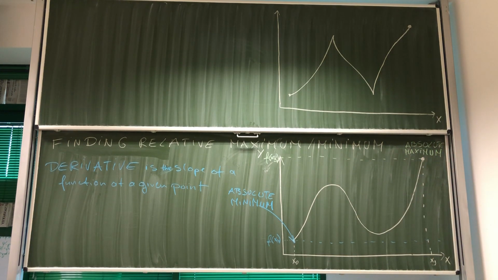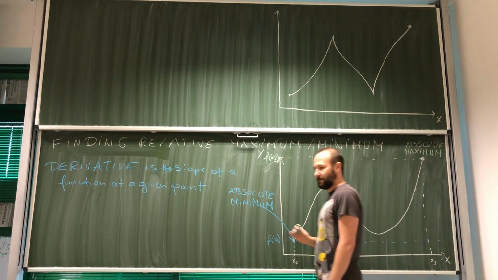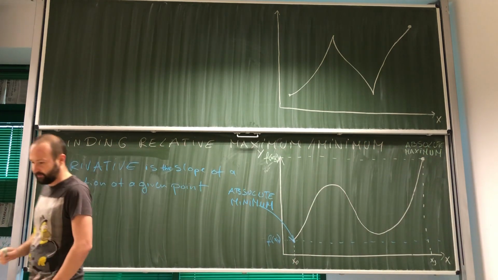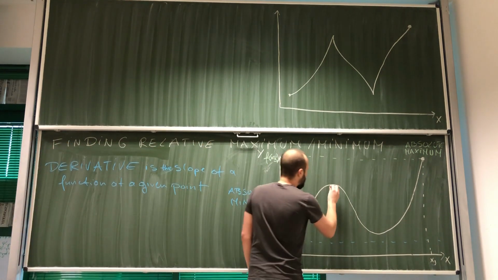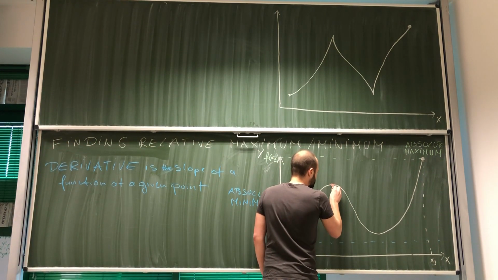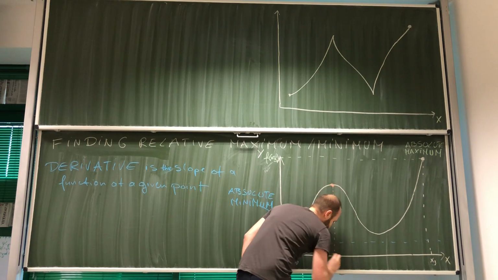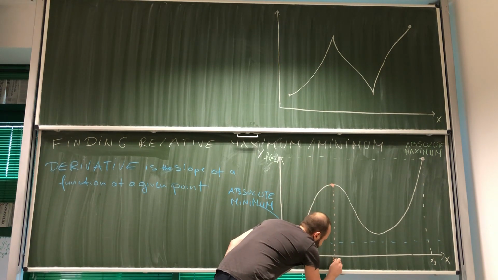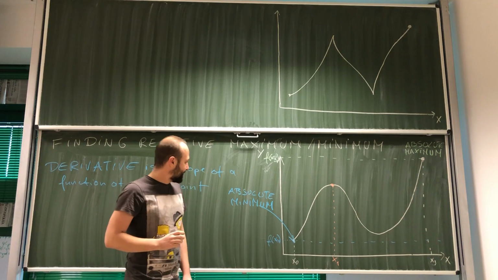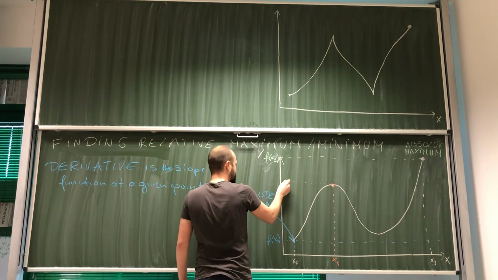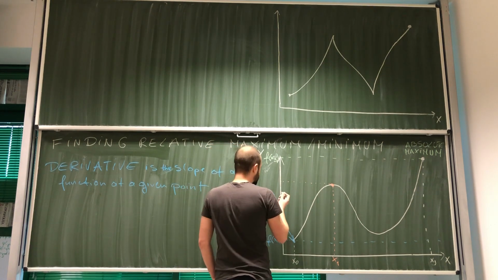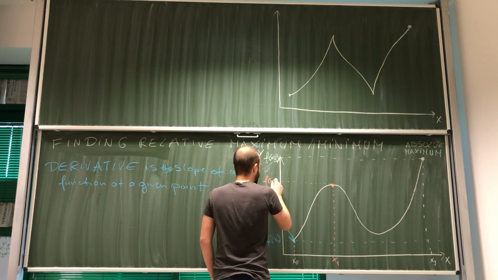But besides those 2 points, there are 2 other very interesting points here. Let's start with the first one. If x is equal to x1, the value of the function is equal to f of x1.